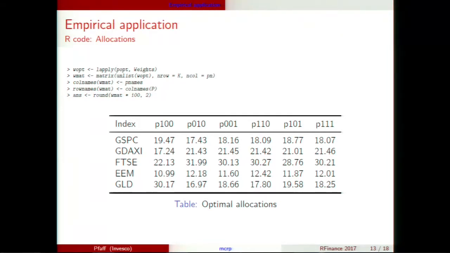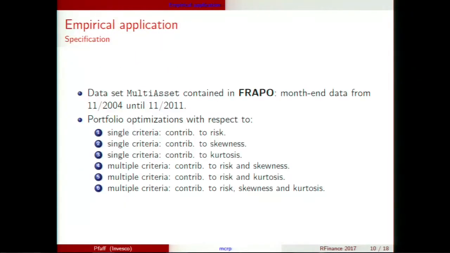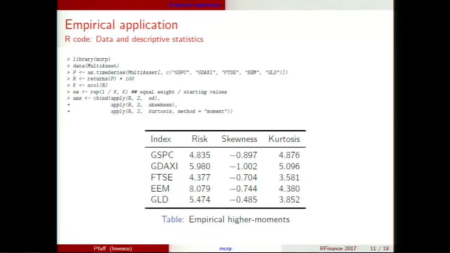Just to give you a clue, take a look here at the first column, which is an ERC allocation. When you go back, you see here that emerging market equity has the highest risk, namely roughly 8% in that instance.